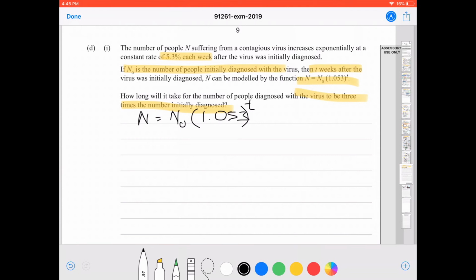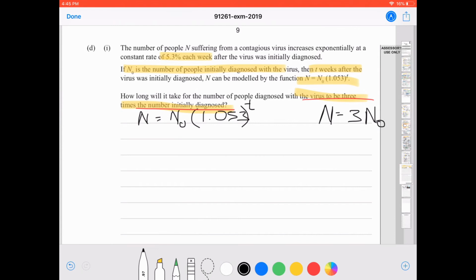The key to the question that will help us make progress is this idea that how long will it take? So we're finding T for the number of people diagnosed with the virus to be 3 times the initial. Well, the initial is N0 like this. 3 times the initial is going to be obviously 3N0.